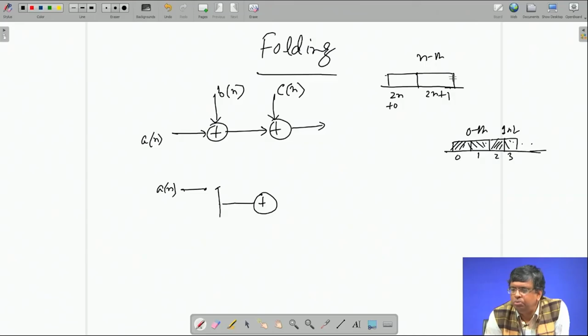If this total was the input clock period, now the system is working at half the period or twice the speed. So, I will be touching this at 2n plus 0, though an is available all throughout the nth input cycle from here to here, I will be touching it during this half, and during the other half I will be touching bn.